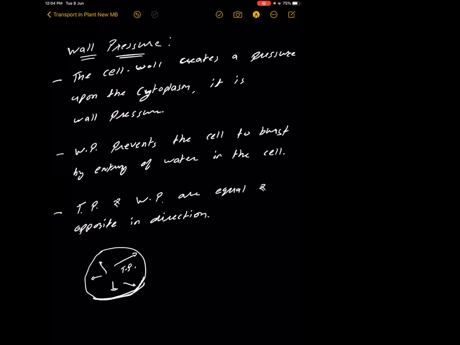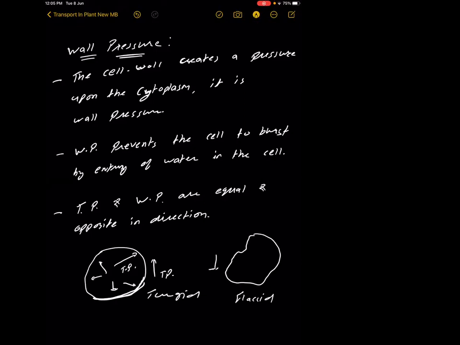So it becomes stretched. That is called a turgid cell. So in a turgid cell, TP is maximum. And suppose water moves out from the cell by exosmosis, so the cell becomes flaccid. It loses its shape. In a flaccid cell there is no turgor pressure, no entry of water, so no question of turgor pressure.